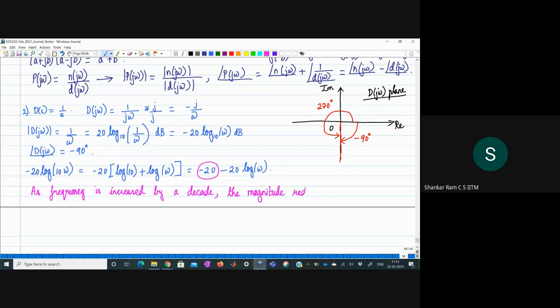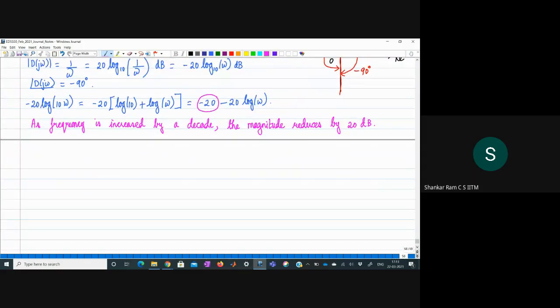Magnitude reduces by 20 decibels. So when we plot the magnitude plot for this particular factor on a scale that uses a logarithmic scale for frequency, let's see what happens. Okay, so let me plot the magnitude plot of this factor D of j omega in decibels.